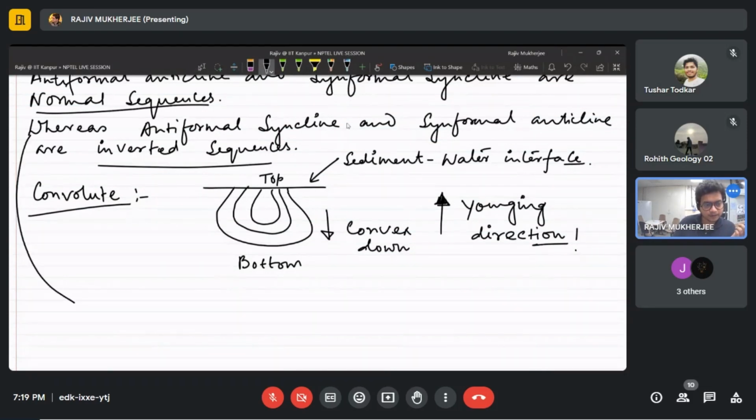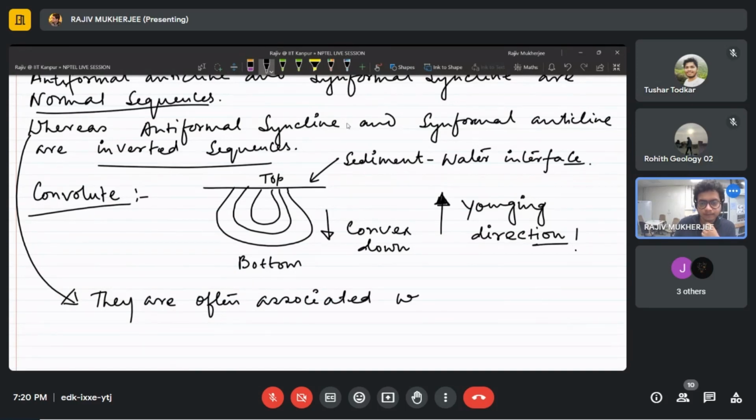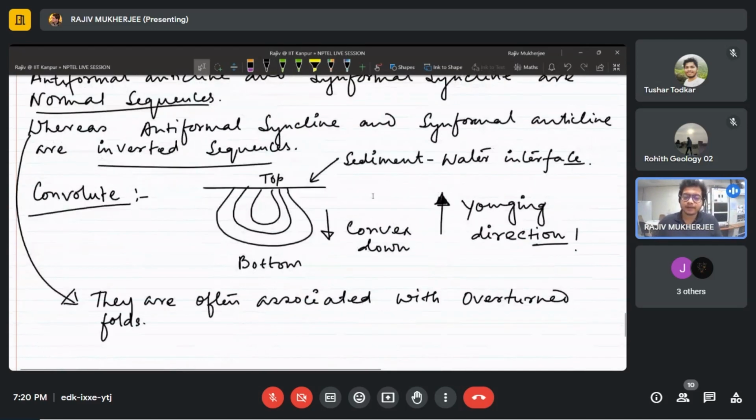So if I conclude this, they are often associated with overturned folds, because only then we can have this inverted sequence of anticline and syncline. Okay, so this is the utility for determining the Younging direction.